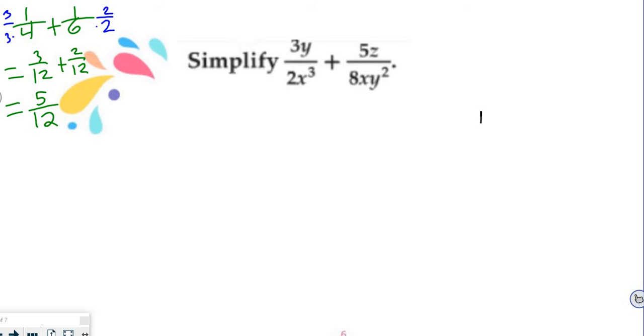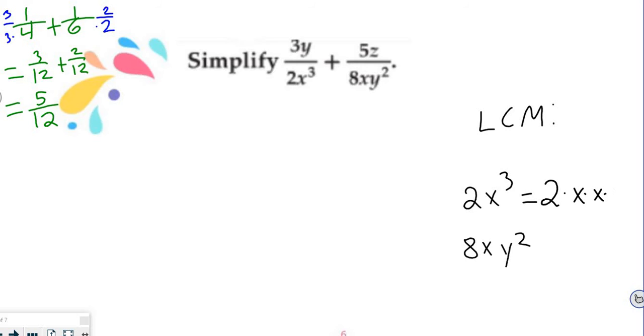Okay? So I need to find my least common multiple of 2x to the third and 8xy cubed. Well, notice that 2 is going to be 2 times x times x times x. And 8 is what? So 3 2's. And then x times y times y. So for our least common multiple, if I just put 1 two, that would take care of my first one.